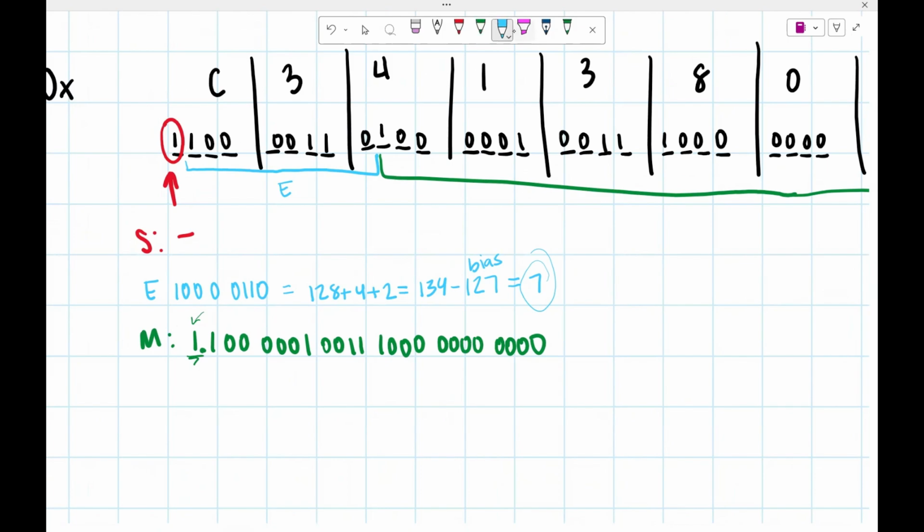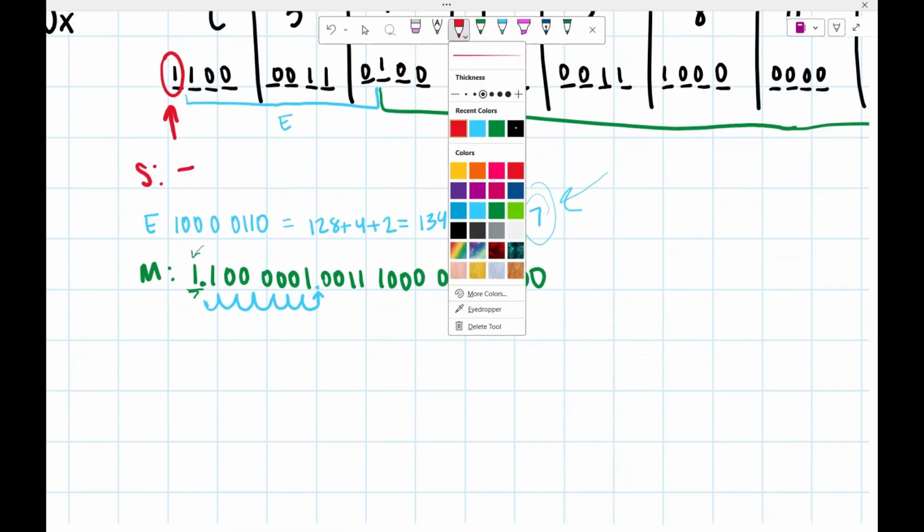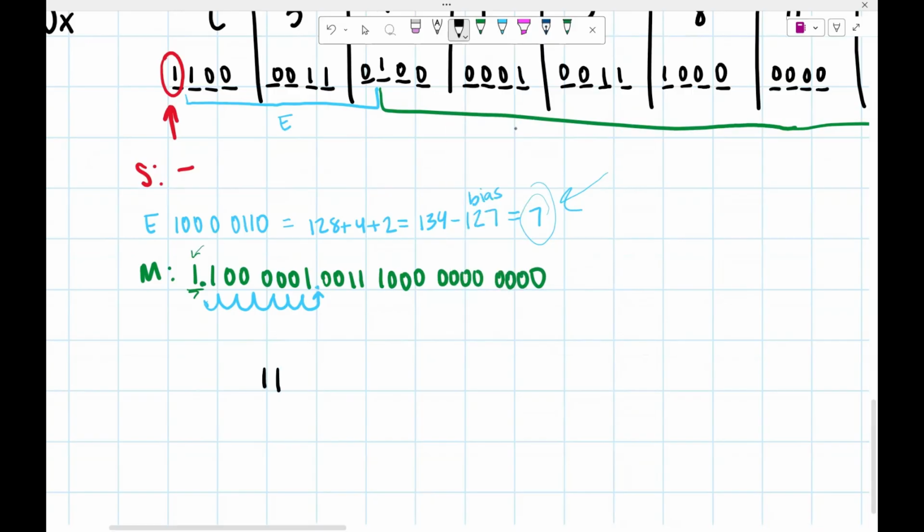And since we have our exponent, now we know how many times we need to move the decimal back. So now I can move this 1, 2, 3, 4, 5, 6, 7 places behind. All right. Now I can rewrite this as 1, 1, 0, 0, 0, 0, 0, 1. 0.00111, and then the rest are going to be zeros.